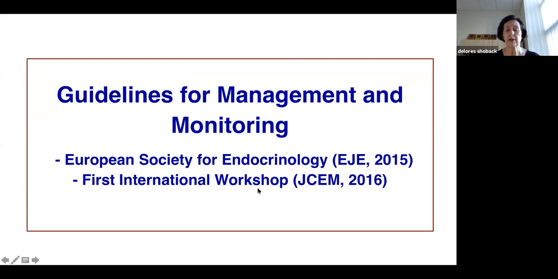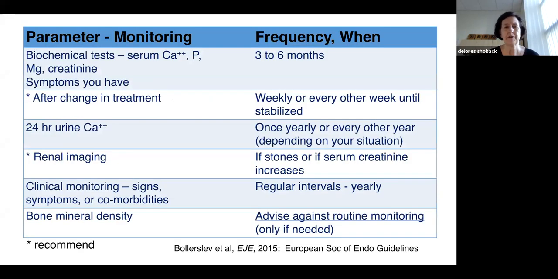And then the first international workshop published their guidelines in 2016 in the Journal of Clinical Endocrinology and Metabolism. And there's a brand new set that is going to come out in 2022. So we've got guidelines. And that is so helpful because doctors like to have experts weigh in and give them advice on how to monitor things.